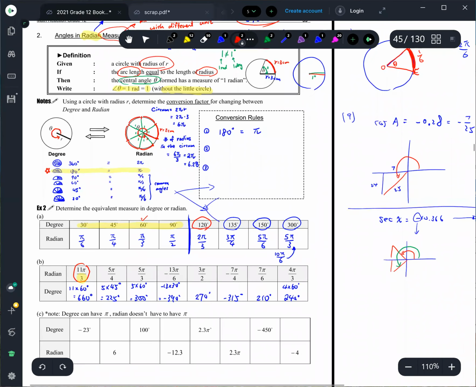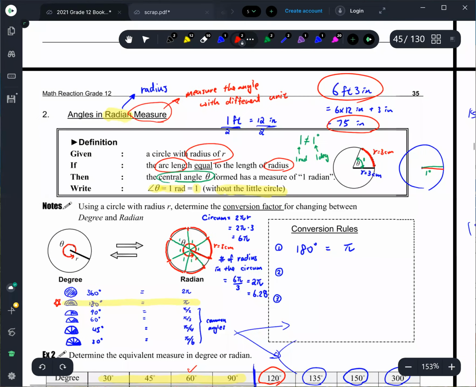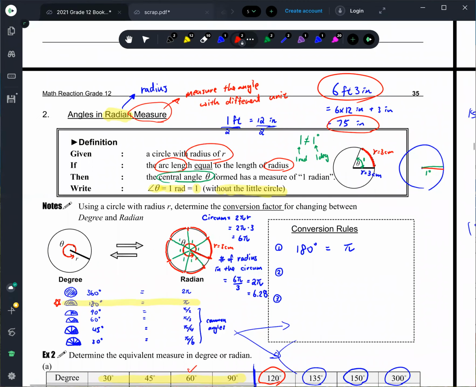Okay, so let's quickly review what we did last time. We mentioned that the measurement of the angle could use two different units, right? The new unit that we learned was called the radian. So we say the full circle is how many radian, Chris? To complete a circle, how many radian is it?